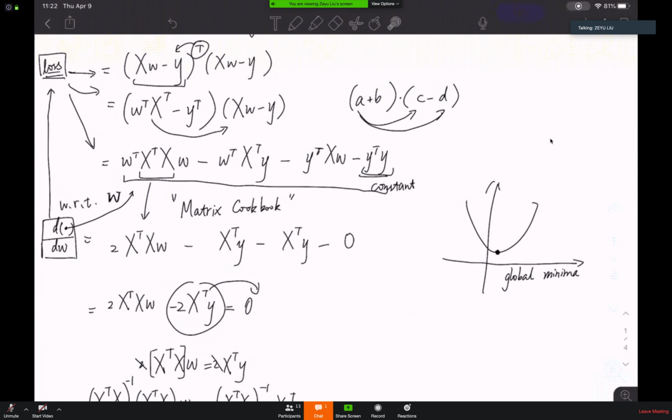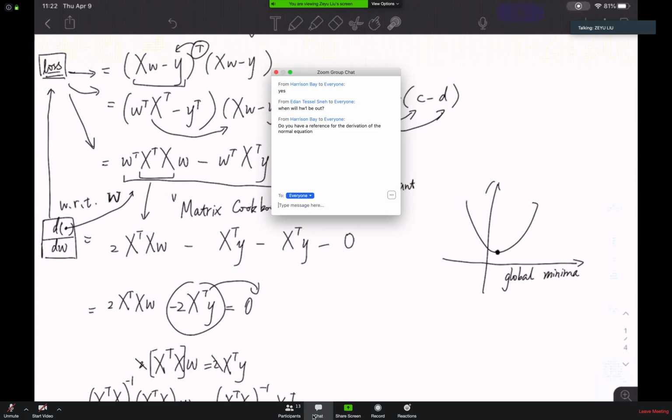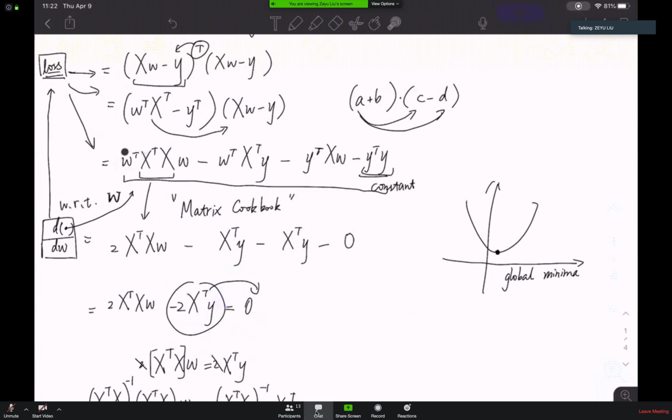So the idea is you take out its transpose. So this was taken out. If there's no transpose, you will take out the W and then transpose its coefficient, or whatever you call it, the constant term of this W.